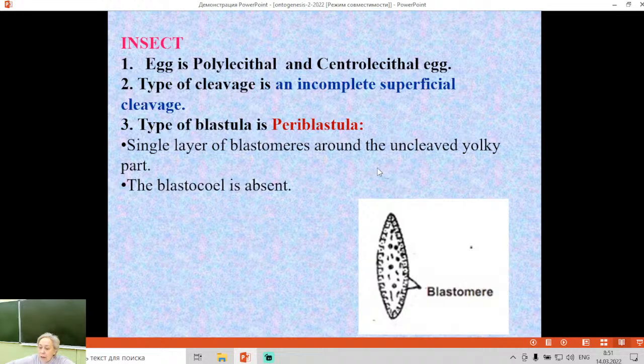And you receive a periblastula. The periblastula has a blastoderm of equal small blastomeres, and in the center there is yolk, cytoplasm with yolk, which does not divide. So the blastocoel is absent.